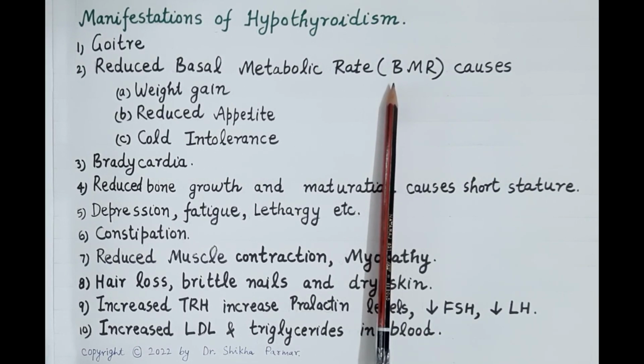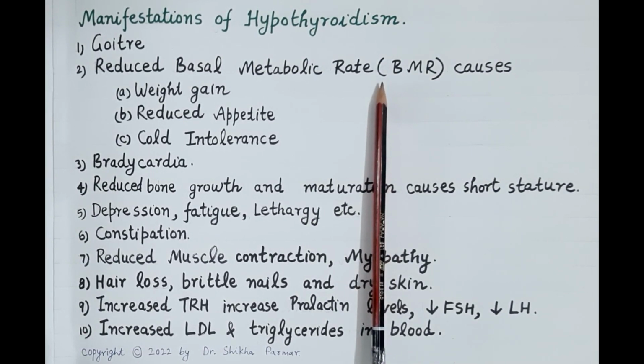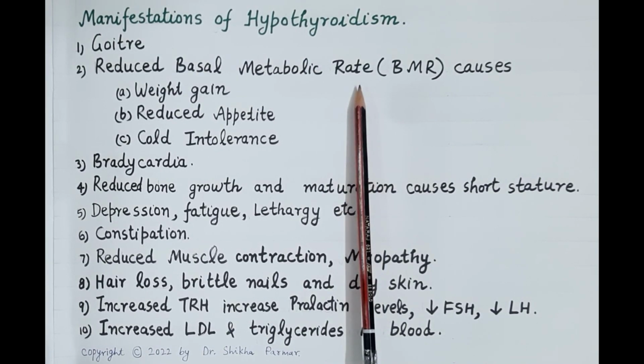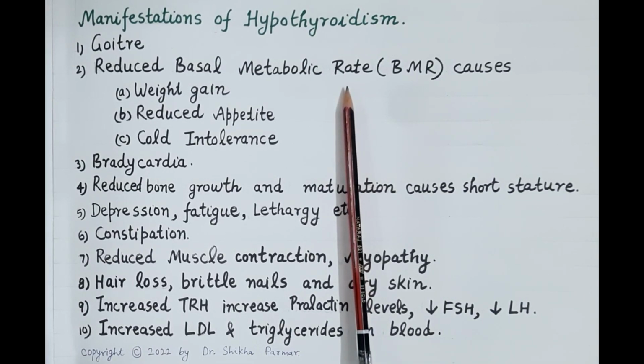Now BMR is the amount of energy required by the body at rest to maintain vital functions of the body, like for example functioning of heart, functioning of kidneys, lungs, etc. Now this energy is derived by the burning of calories in the food. Now when calories in the food are burnt, energy as well as heat is generated.